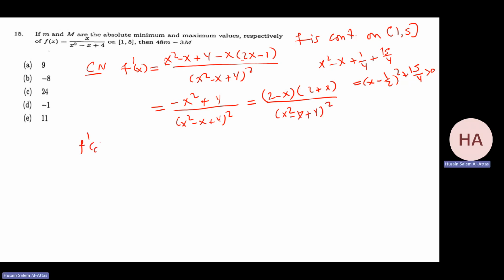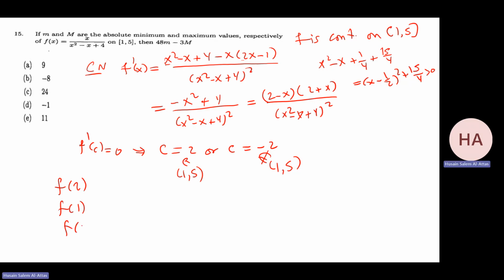So f prime at c equals 0 implies c equals 2 or c equals minus 2. Minus 2 does not belong to the interval, so it is out. 2 belongs to the interval. So I need to check f at 2, f at 1, and f at 5. F at 2 will be 2 over 4 plus 4, 8 minus 2, that is 6, which is 1 over 3.